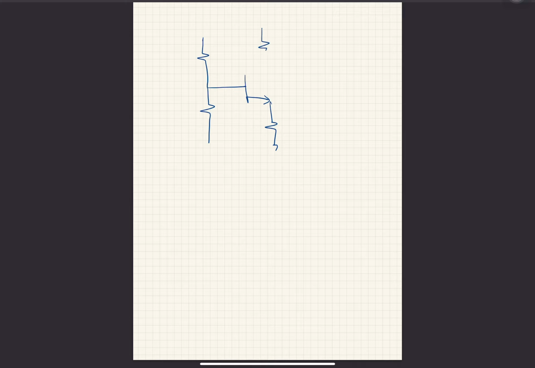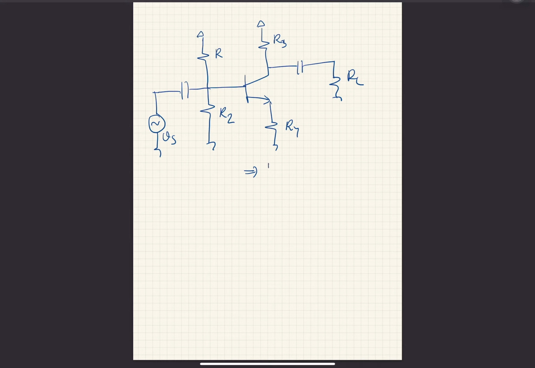If I don't have that bypass capacitor, let's say, and I use the same source with no RS, let's say, Vs. Again, the same question, Vs max for small signal, let's say.